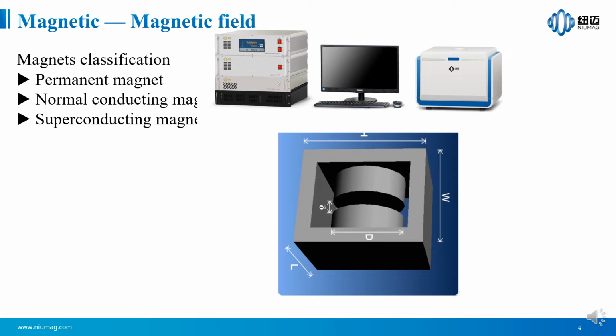These two cylinders are the magnetic poles, and there's a gap between the two poles, which is where you put the probe, and the test sample is placed between the poles. The magnetic poles create an equilibrium and stable magnetic field environment. The outer part is the magnetic yoke.